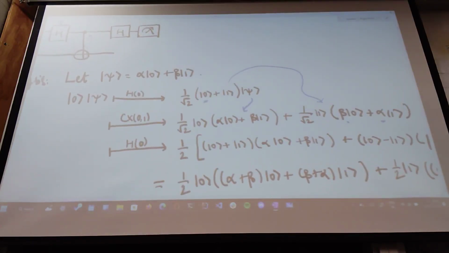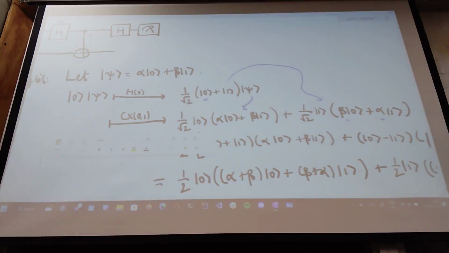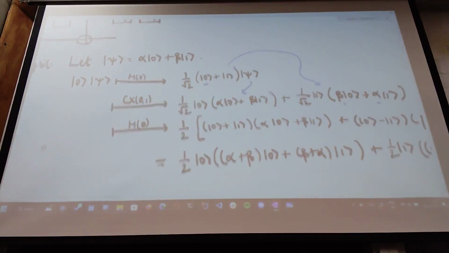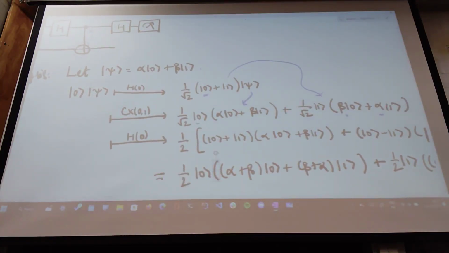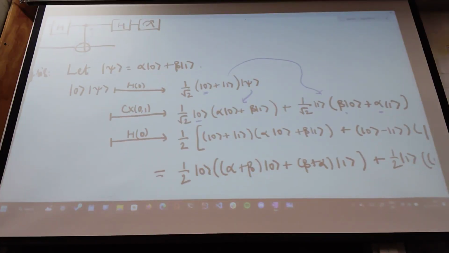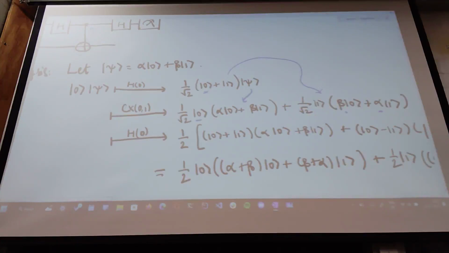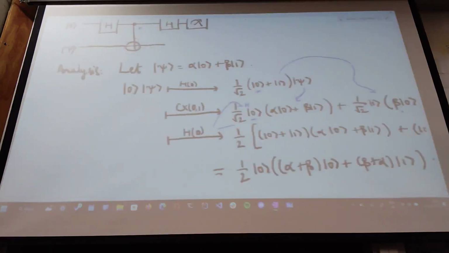And then we have another Hadamard. If you remember that quantum gates are linear, you can apply it directly to this state here, and also to the other state here.